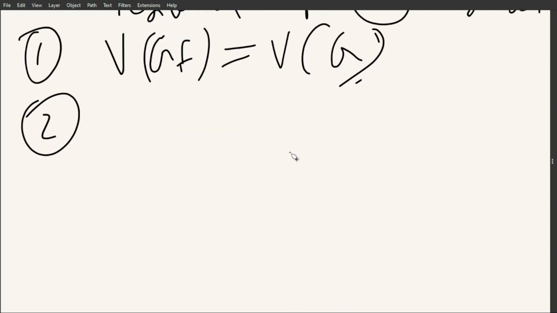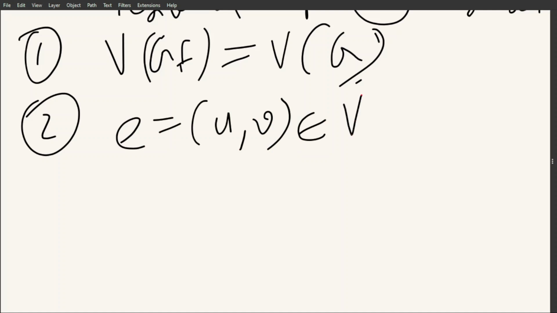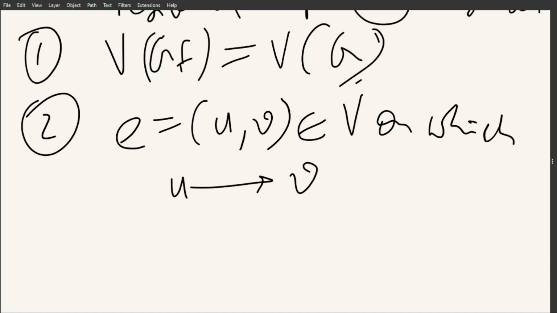Consider any directed edge E equal to UV in G, on which we have flow FE, with FE less than CE.